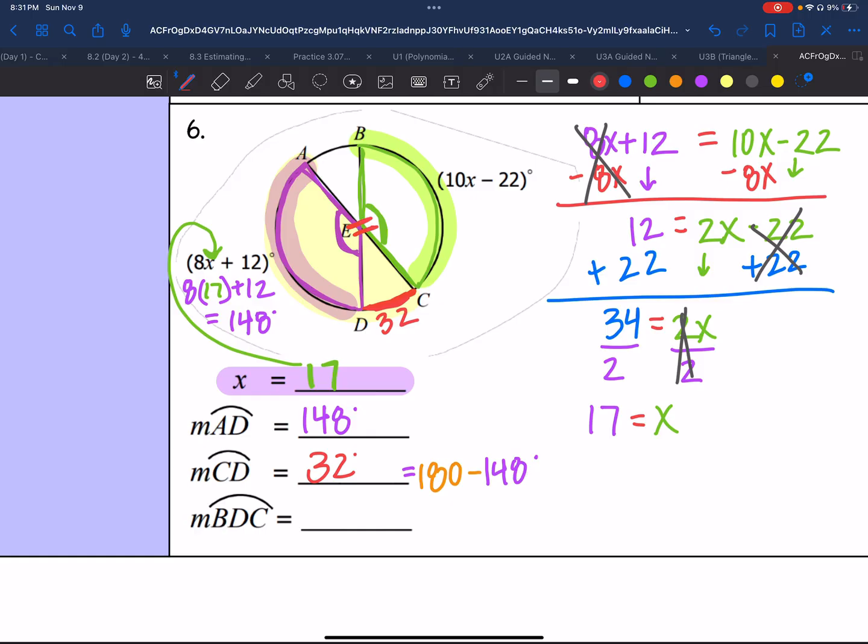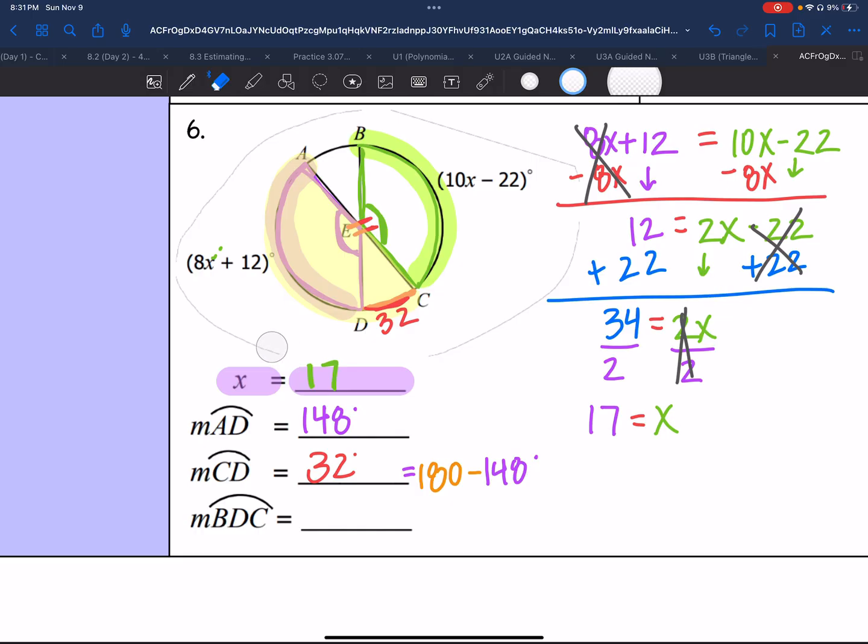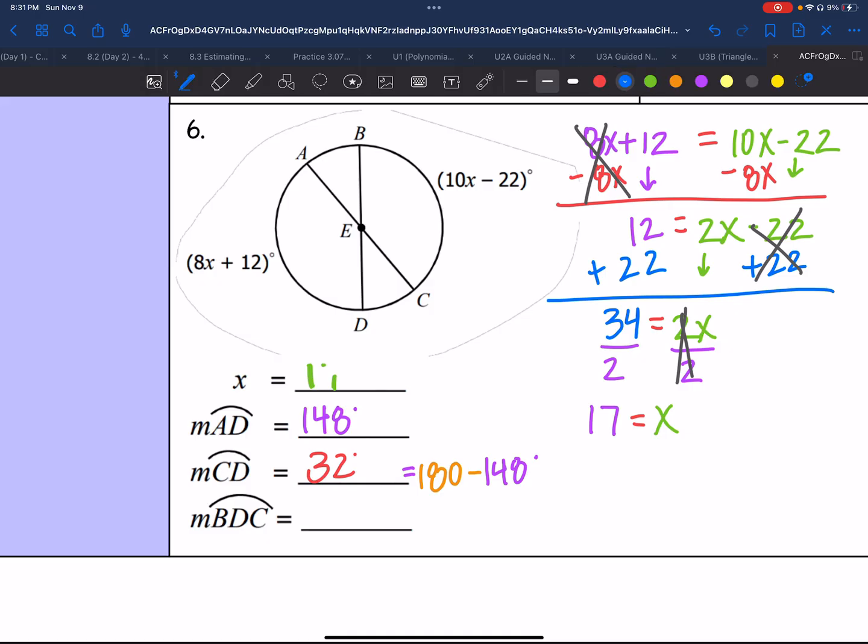All right, and then lastly, if we want BDC, I'm going to erase all this just so that we don't get too confused. I'm going to leave our arc measures though. All right, so we found that AD is 148 degrees.